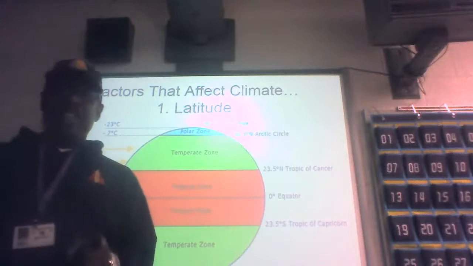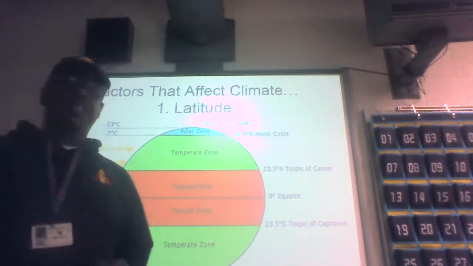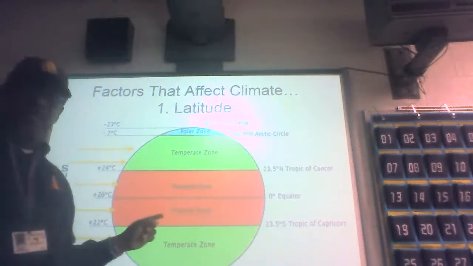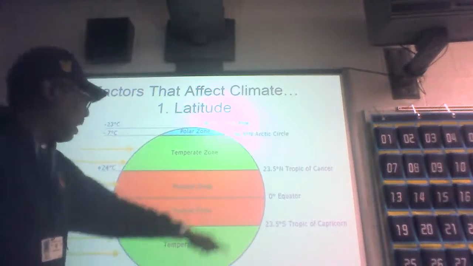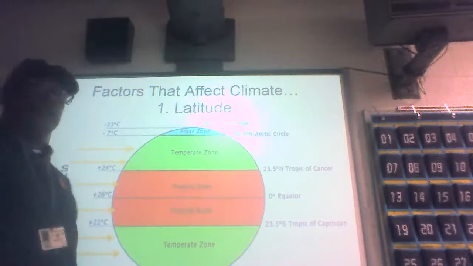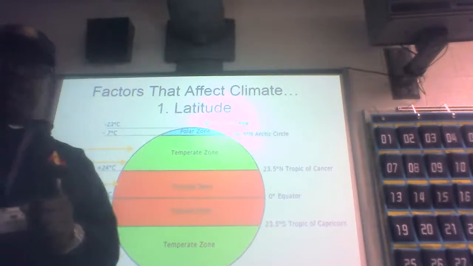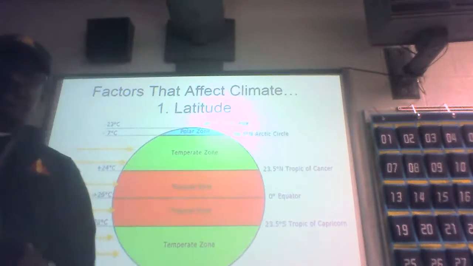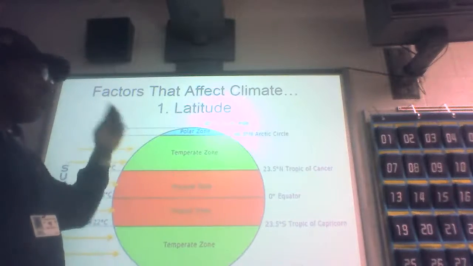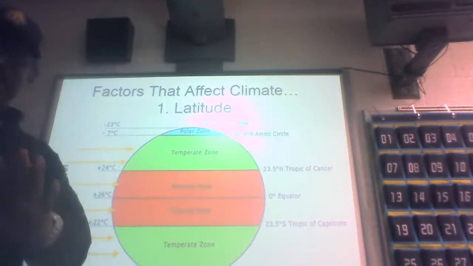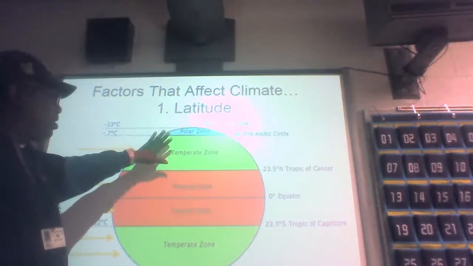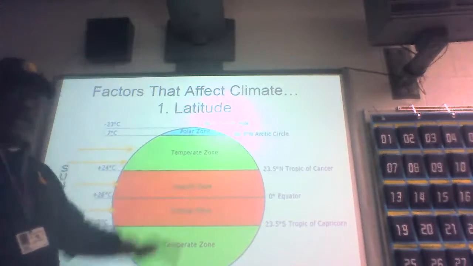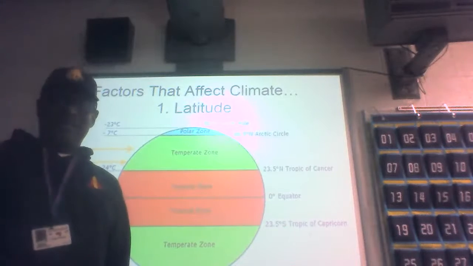Now, if you're watching this video, this is assignment 1. I want you to draw a picture of this latitude diagram, and I want you to label that. You can even color it if you have the ability to do that. I want you to label it so that you know for certain, without a doubt, that the polar region is cold, the temperate region is here, and the tropical region is always warm.